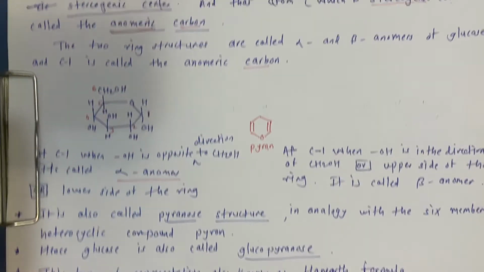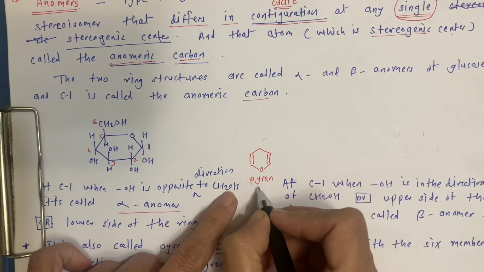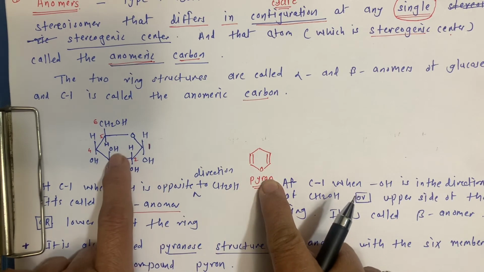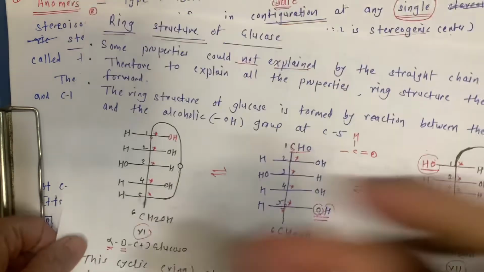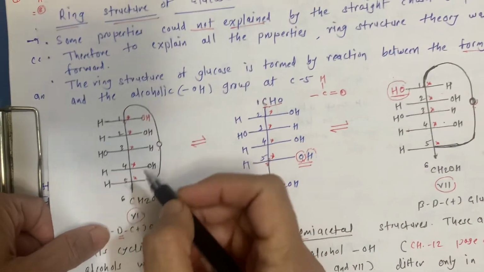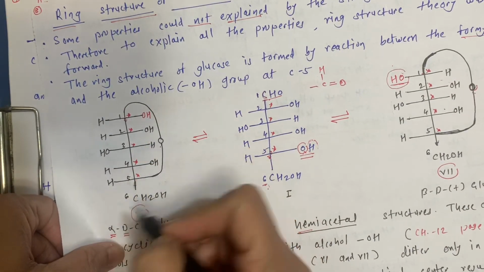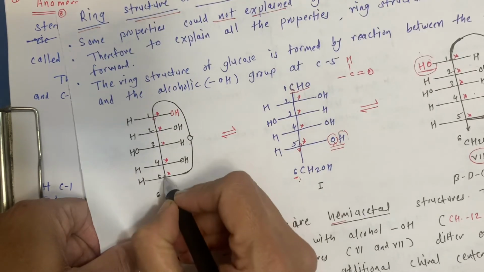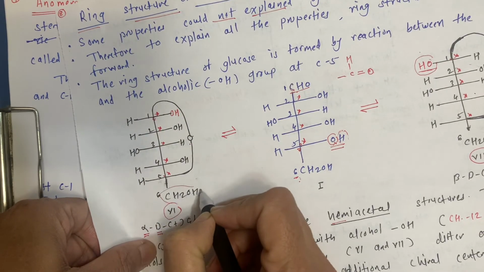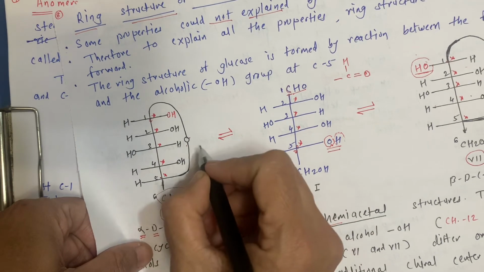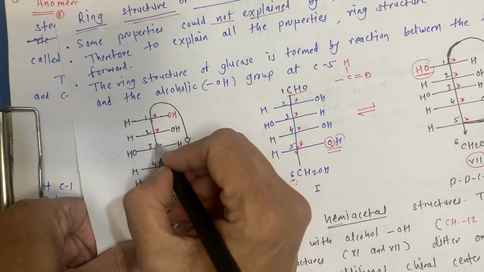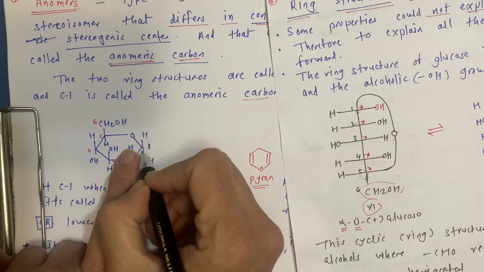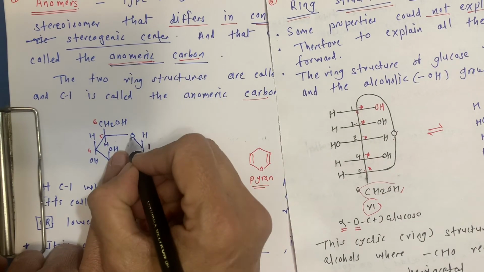What is that? By taking pyran as a heterocyclic compound, we get a 6-member ring: 1, 2, 3, 4, 5, 6. This CH2OH is separate. So this is the oxygen here.